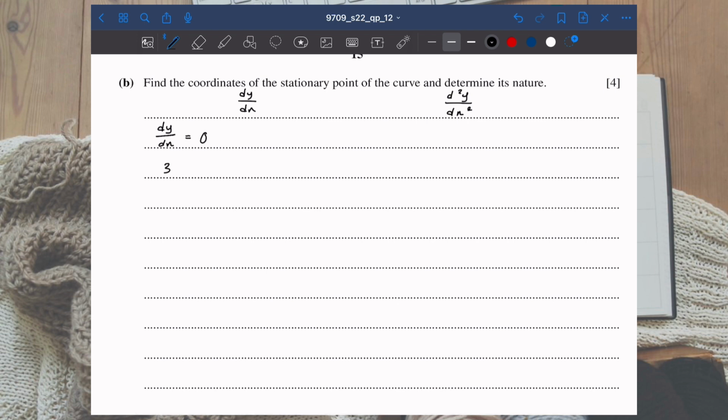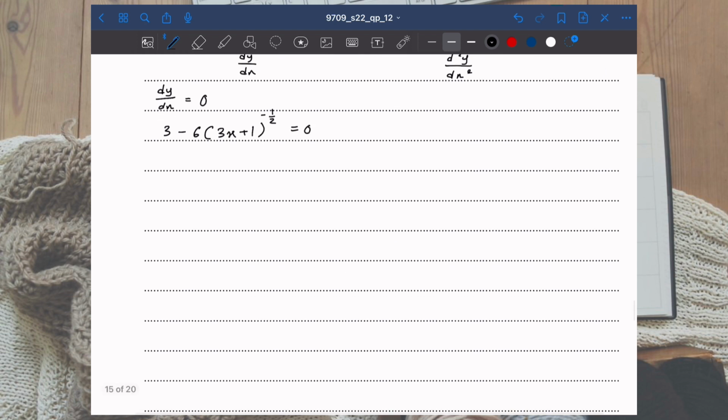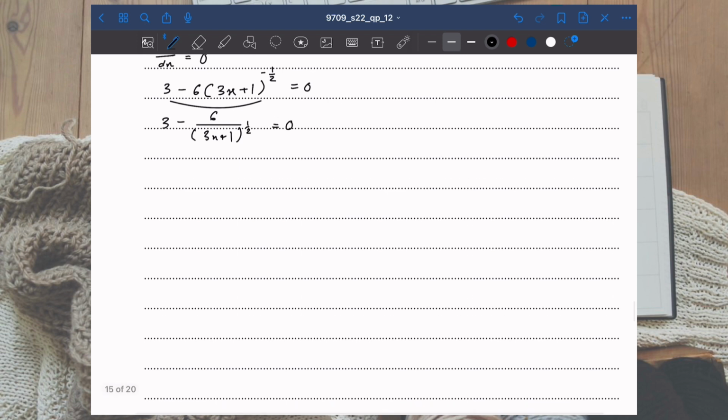So 3 minus 6(3x+1)^(-1/2) will equal 0. This expression can be rewritten as 3 minus 6 over (3x+1)^(1/2) equals 0.